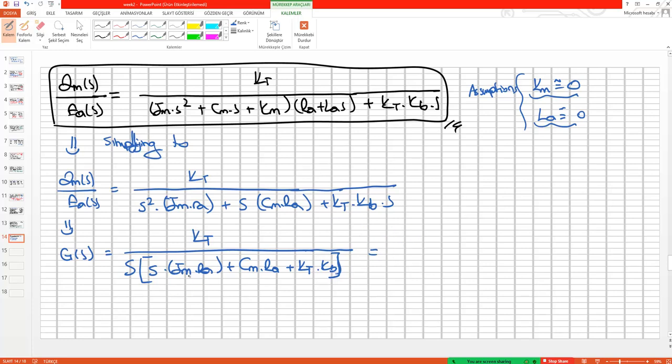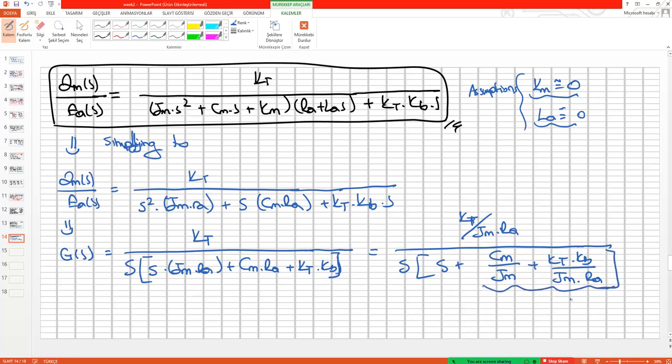We can remove Jm and Ra if we divide the numerator and the denominator by Jm Ra, and then we reach s plus Cm divided by Jm plus Kt Kb divided by Jm Ra.